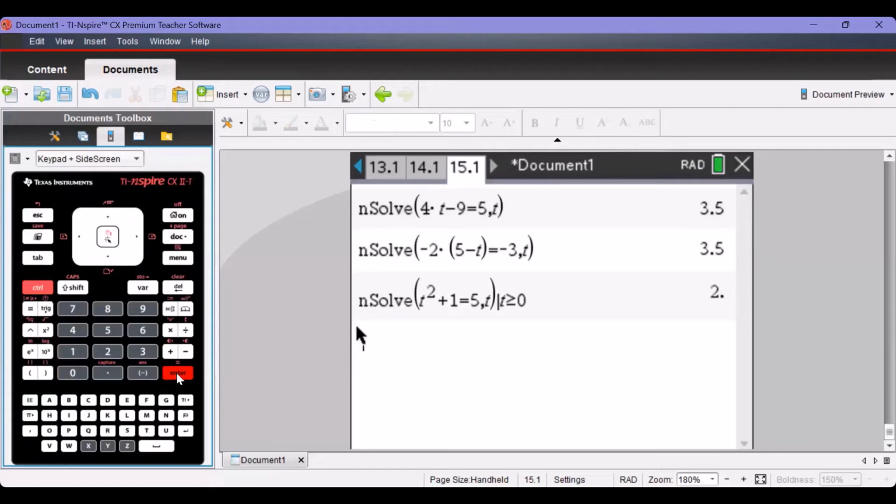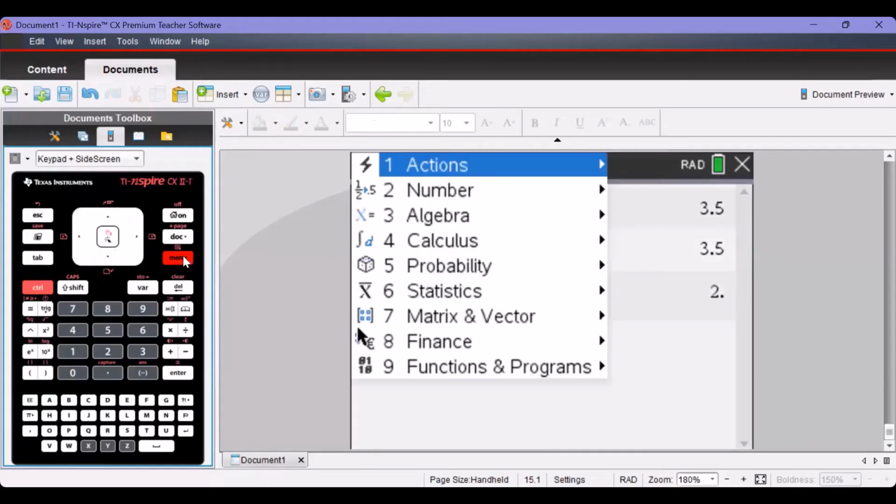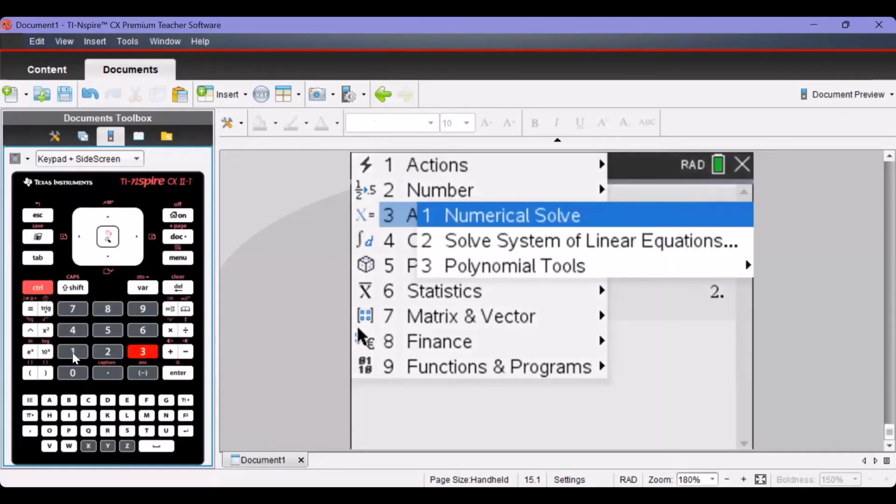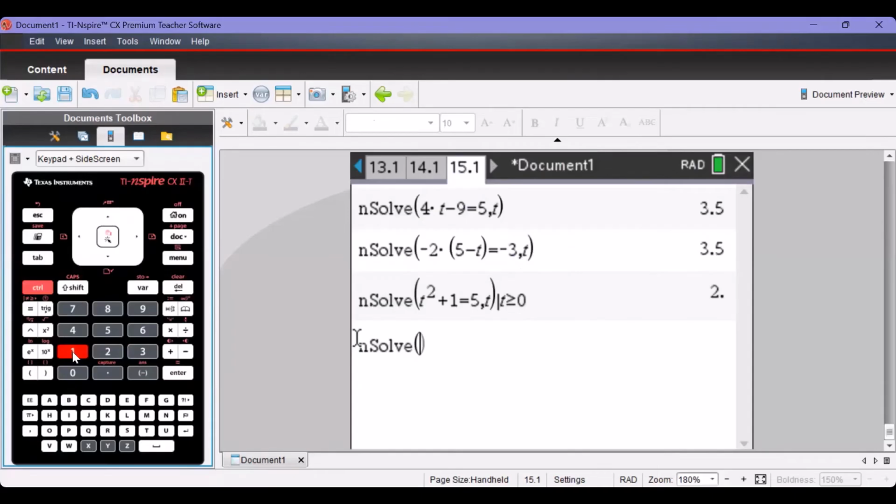And then what we do now is we can substitute that value of T to find the value of A. So we press menu, 3 for algebra, 1 or enter for numerical solve, and we will solve 4 minus A multiplied by 2 squared.